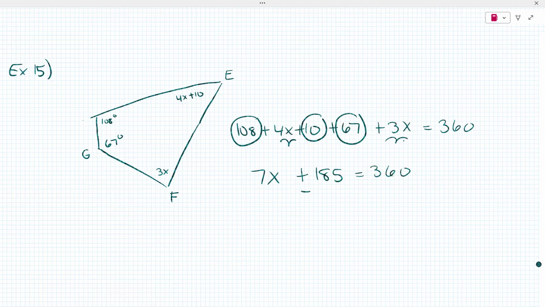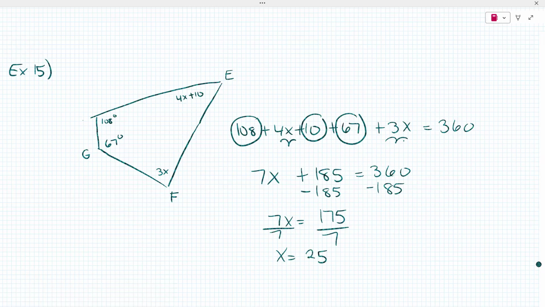And then subtract 185. So 175 equals 7x. Divide by 7, and x is 25.